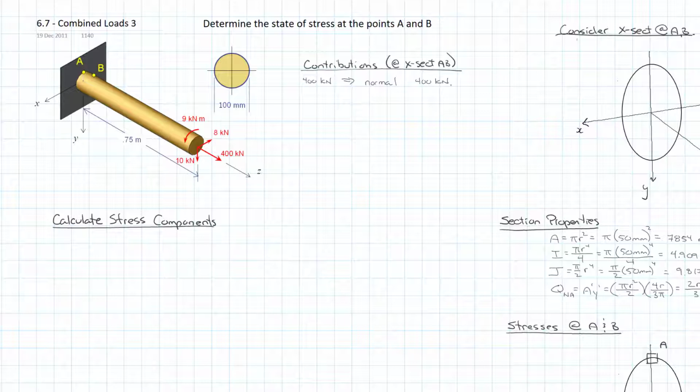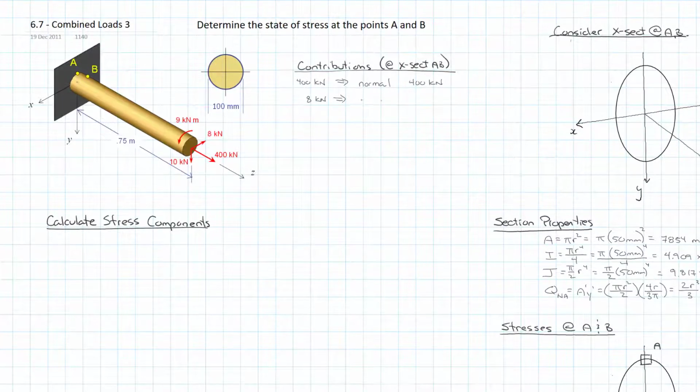Then we will look at the 8 kilonewtons going in the negative Z direction, so the 8 kilonewton force. When I consider what it does at the cross-section AB, the obvious one is that it provides a shear force of 8 kilonewtons, and that's going in the negative X direction.